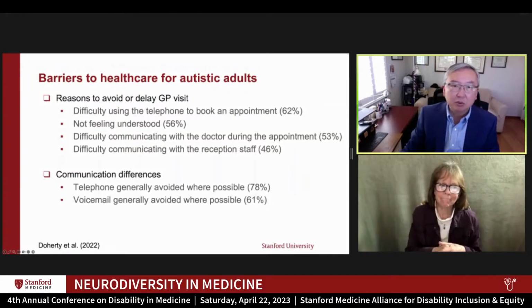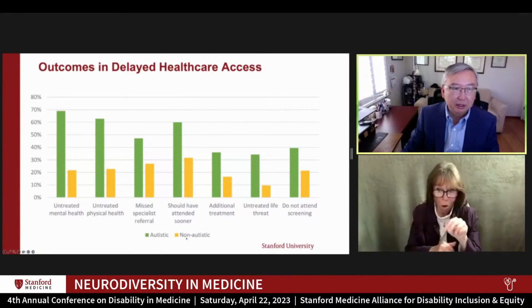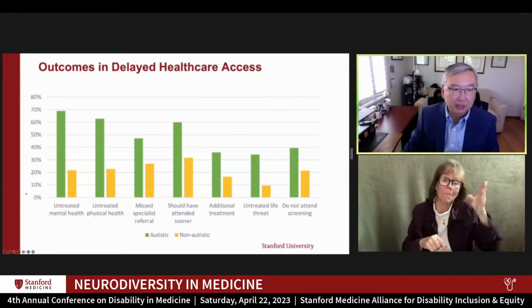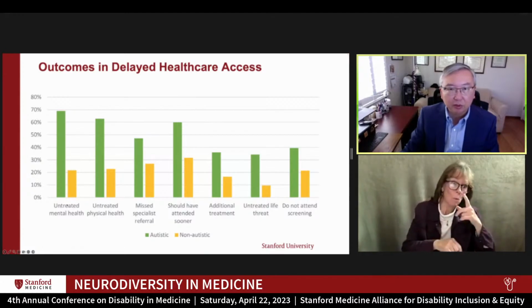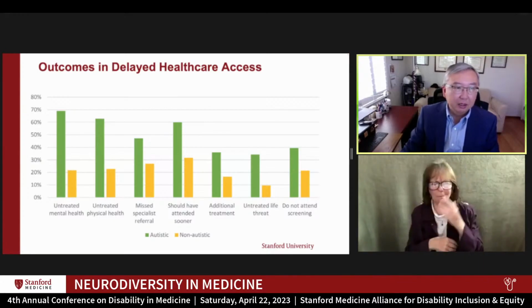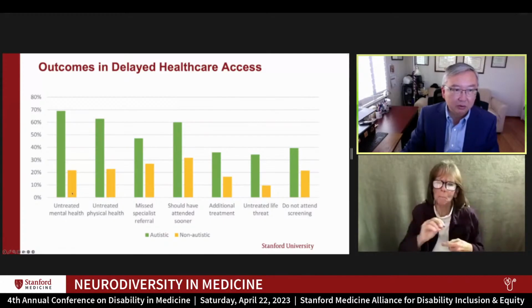And what are some of the consequences? You can see the green is autistic individuals compared to non-autistic individuals, and the y-axis is the percentage of individuals that are affected in this way, or feel they are affected in this way. Almost 70% feel they have untreated mental health problems, compared to 20% in non-autistic individuals.